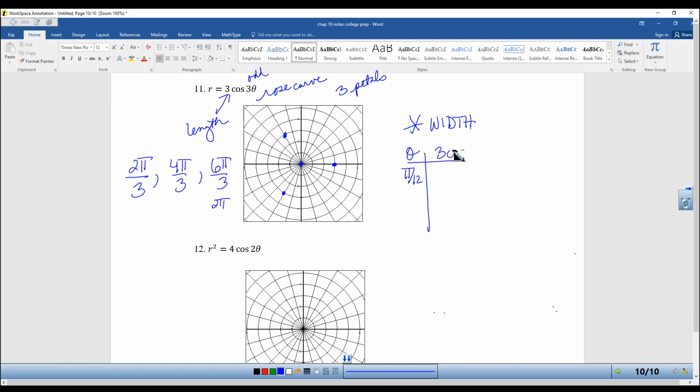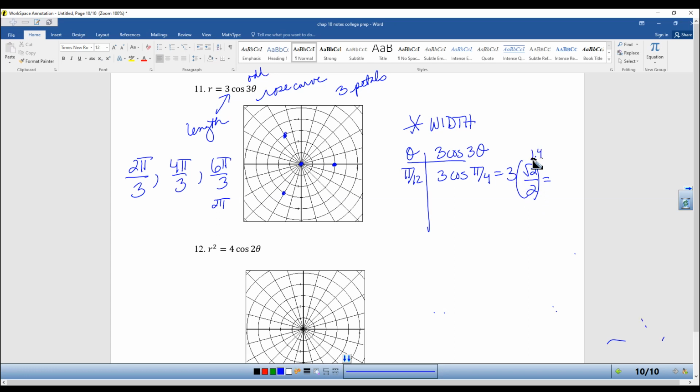So 3 cosine 3 theta, 3 cosine of pi 4ths. I multiply 3 by that, which is 3 times square root of 2 over 2. This is definitely not easy. So square root of 2 is 1.4.